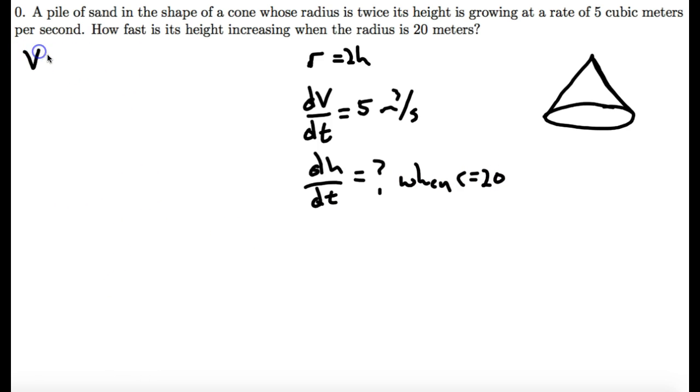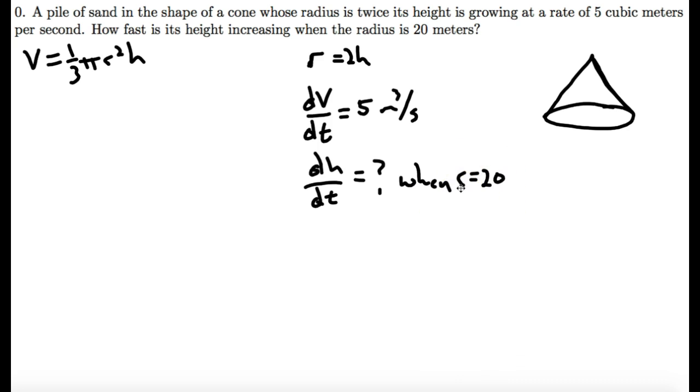So again, we know the volume of a cone is 1/3 pi r squared h. Notice, yet again, we are not given any information about the rate of change of the radius, even though we are given information about r itself.